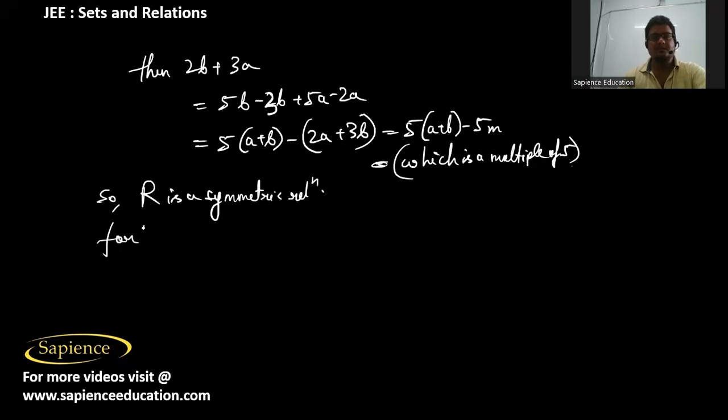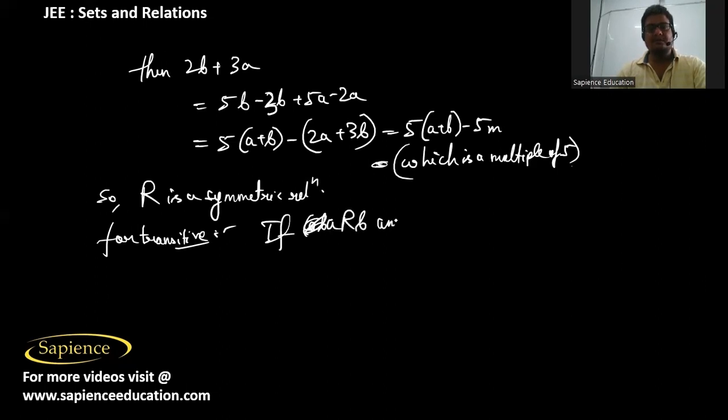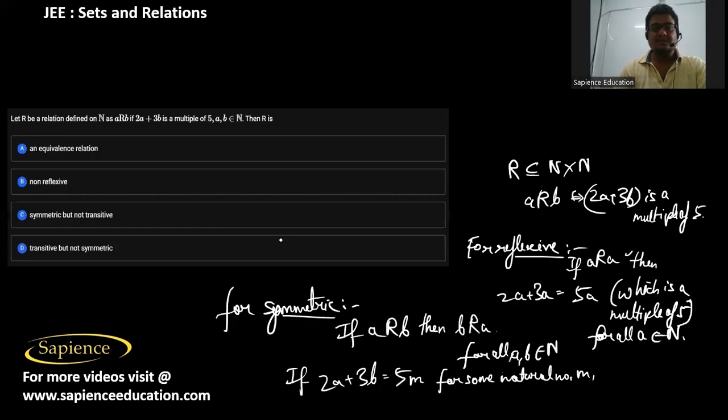And then for transitive, we need to have that if A is related to B and if B is related to C, then this implies that A should also be related to C for all A, B, and C belongs to the set N. Then only I can say R is a transitive relation.